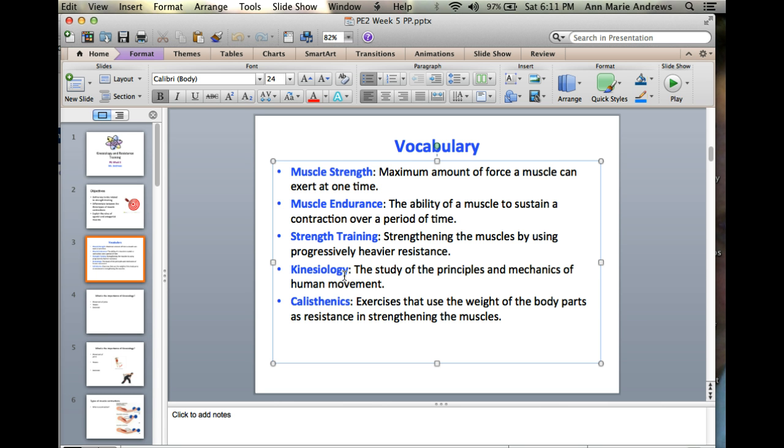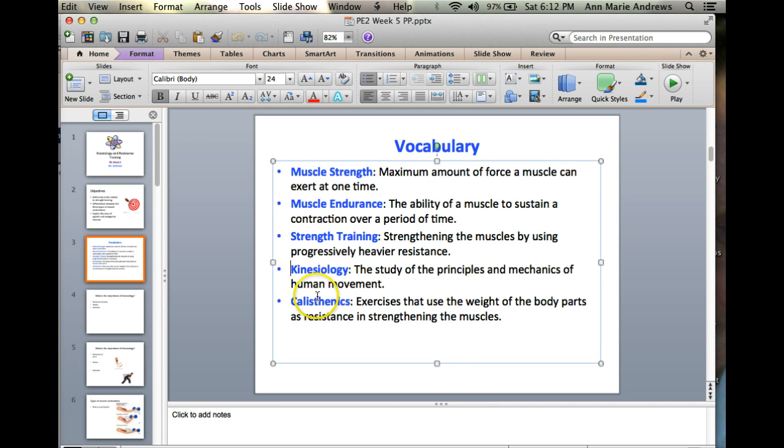So basically, kinesiologists study how to make, for example, athletes more efficient at whatever they're doing, and how they can do things better with their body, how they can utilize their limbs and their muscles and the way that they throw a ball or kick a ball or high jump, whatever it is, how they can be most efficient and then get the best results from that.